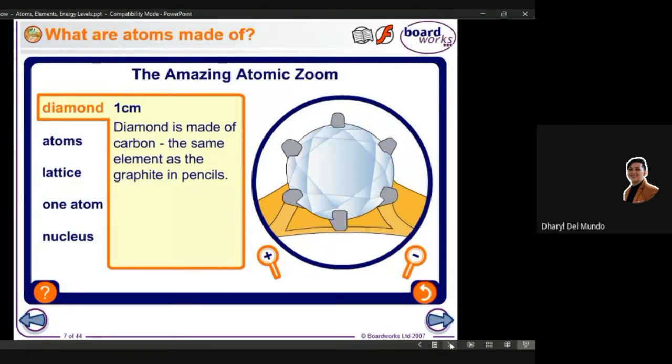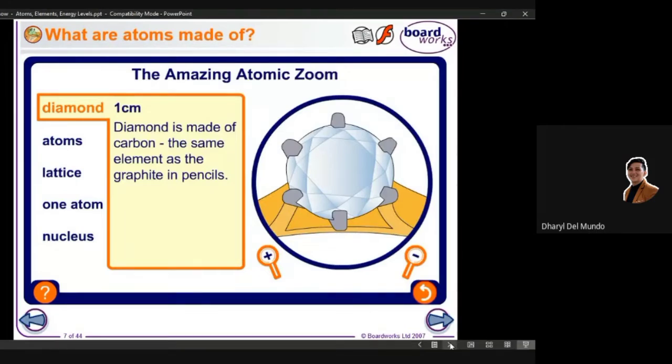Diamond is not a living organism, and it doesn't have any other element except carbon. So diamond is considered an inorganic substance. That's how we differentiate organic from inorganic: organic with carbon atoms, inorganic without or with only some carbon atoms.